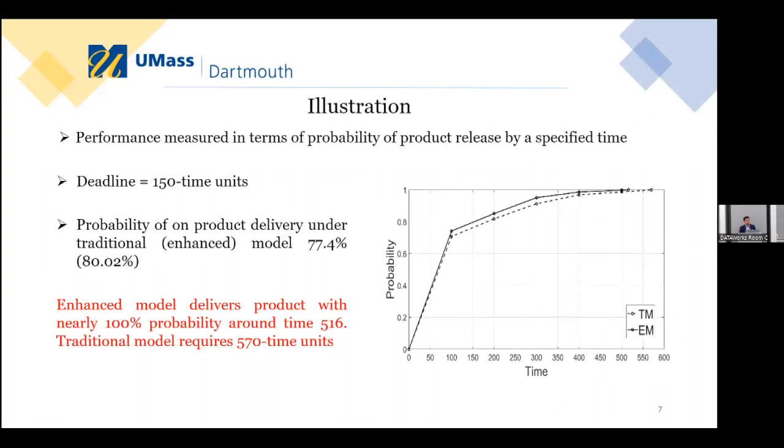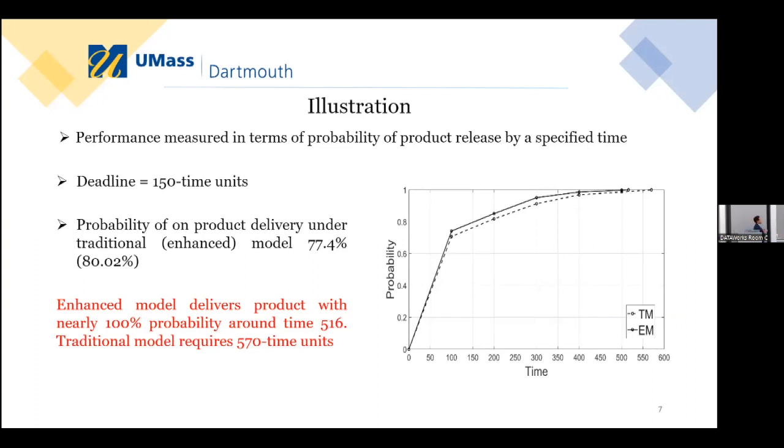Here we did a performance analysis considering a deadline of 150, which is an arbitrary number. It can be anything, 200 or 300. The black solid line represents the enhanced model graph, and the black dashed line represents the traditional model. By 150, the probability that the product will be delivered is 77.4%, while for the enhanced model, it improves to 80.02%.